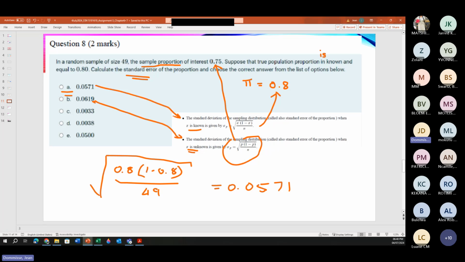So just be very careful. For some, they might ask the question of calculate where the true population proportion is known or where it is unknown.